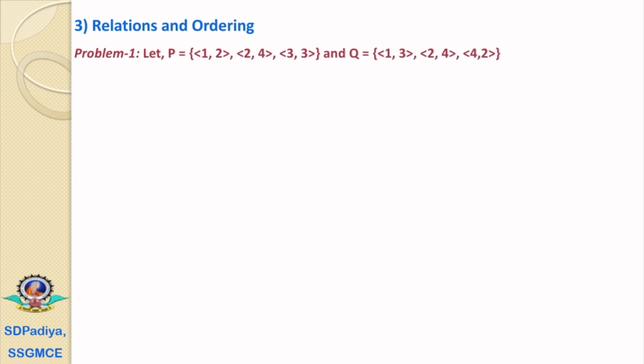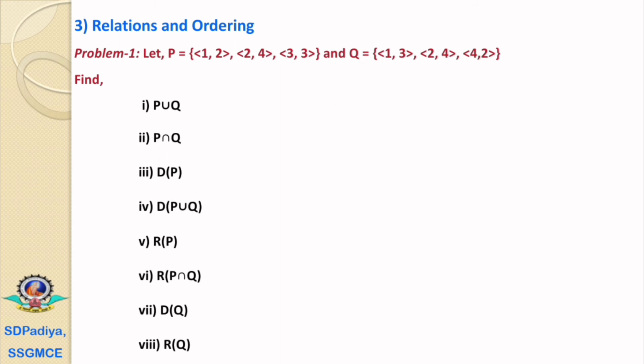Let's view another example. Let P be a set of 3 ordered pairs, that is (1, 2), (2, 4) and (3, 3), and Q be a set of 3 ordered pairs (1, 3), (2, 4) and (4, 2). Then what we have to find out? First, P union Q. Now P is a set of 3 ordered pairs and Q is a set of 3 ordered pairs, and union means all the ordered pairs of P and all the ordered pairs of Q. Here in P and Q, the ordered pair (2, 4) is repeated.